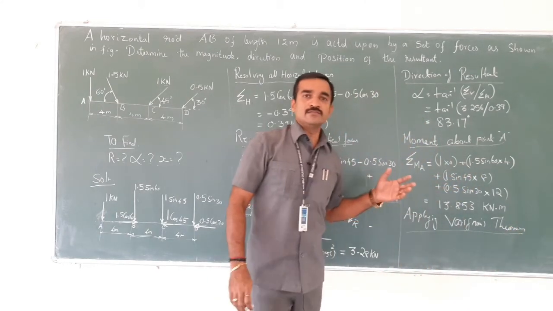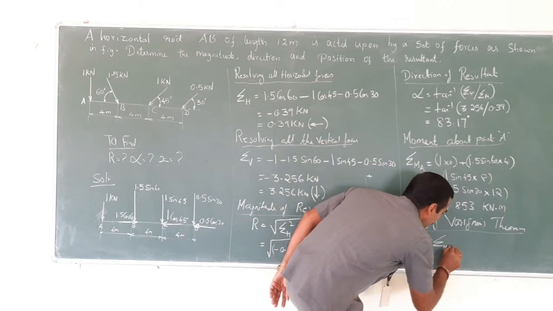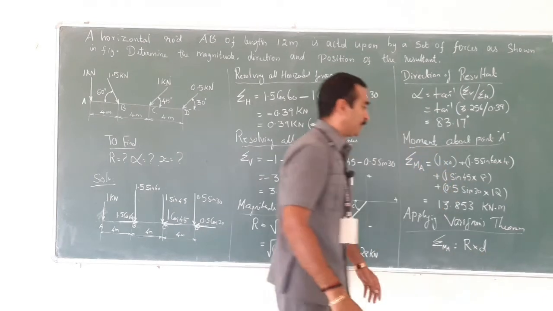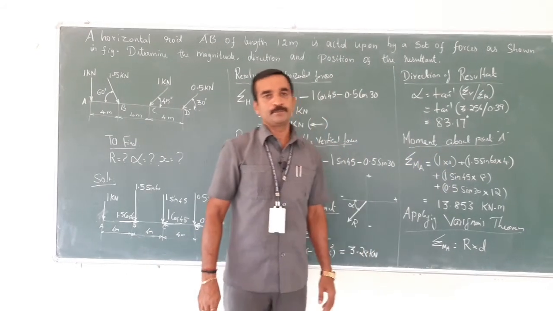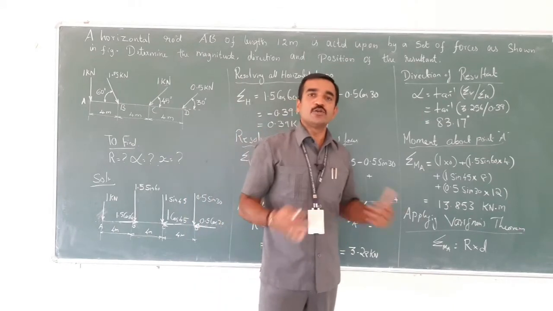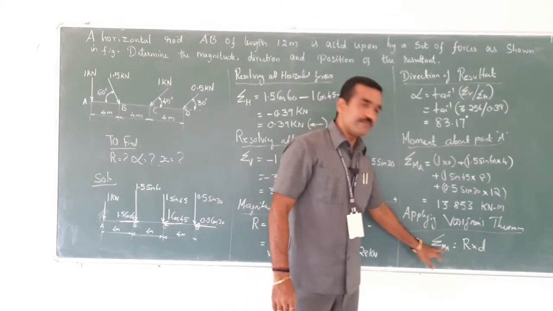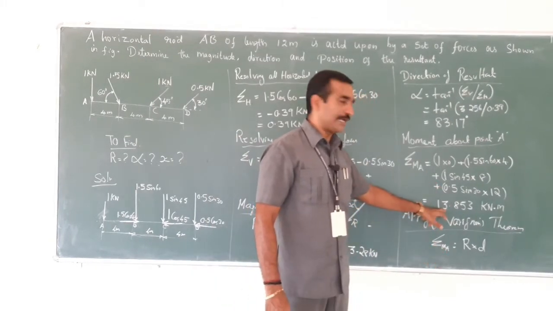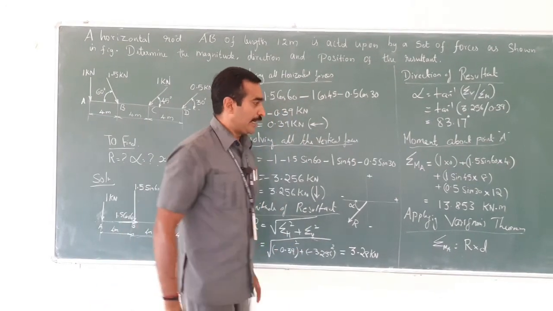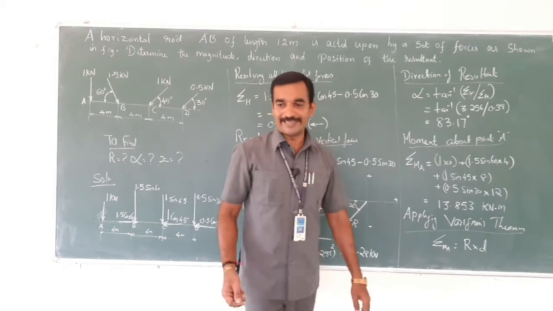What does Varignon's theorem say? Sum of moment about A equals resultant into its perpendicular distance. Varignon's theorem is used in locating the resultant force. The summation MA value is already known, and the R value is already arrived at, so by substituting these values we can find the value of D.